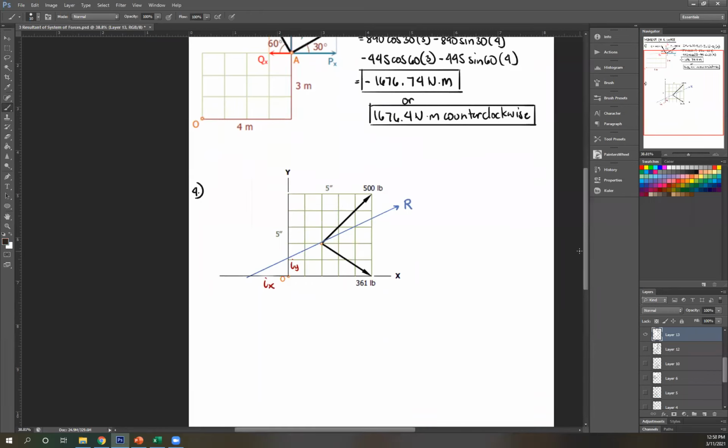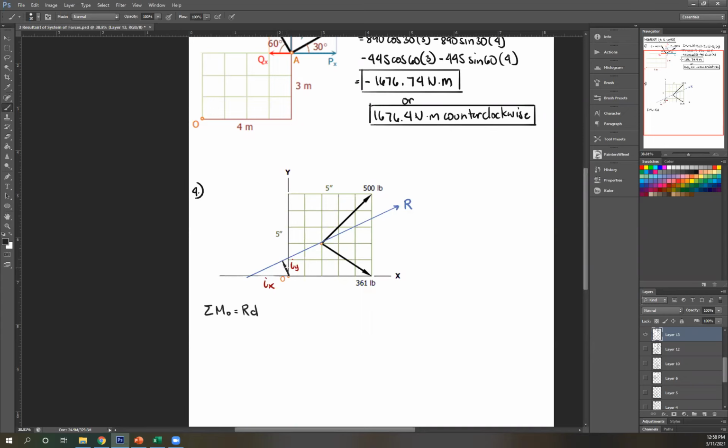So to solve for this, again, use the concept that moment about a point is equal to the sum of the moment of forces about that same point. We're looking for IY and IX. So most probably, IY and IX are close to O, so I'm going to choose moment about O. So summation of moment about O, creating our equation, is R times D. D would be this.